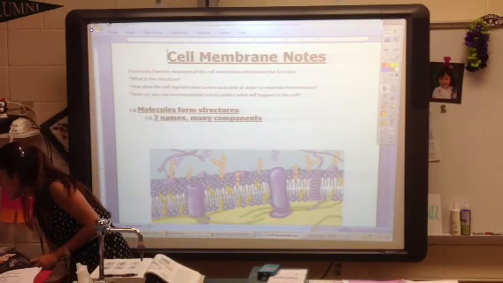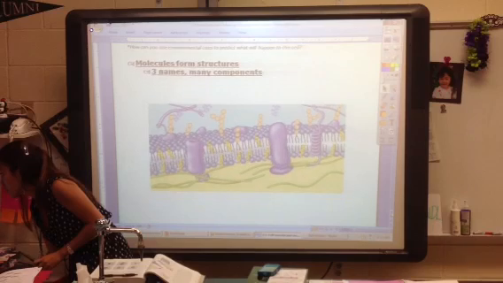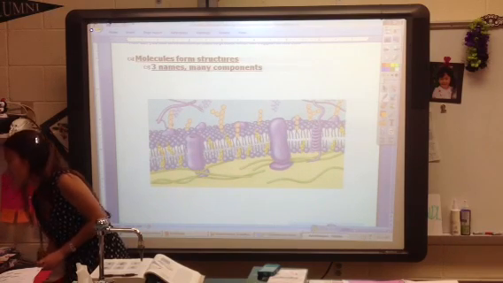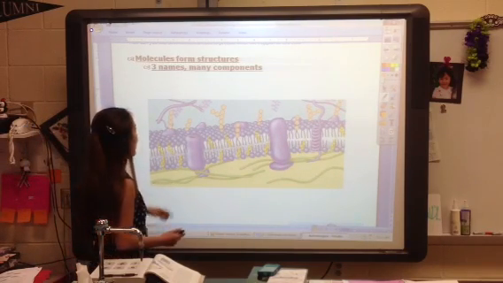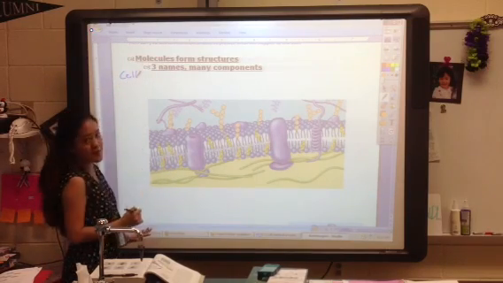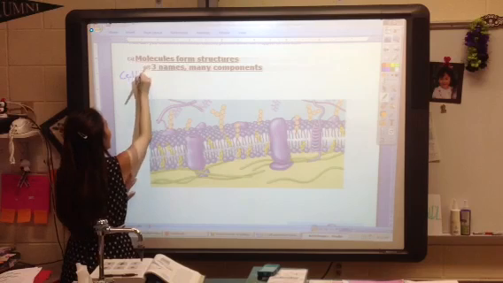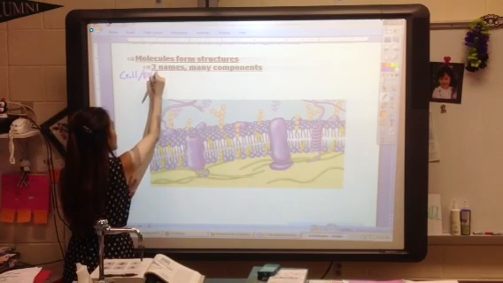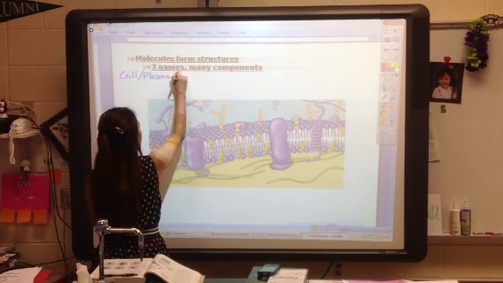When we're looking at the cell membrane, we do need to know some different names that are used to describe it. Very basic, we all have heard of the cell membrane. And another one that a lot of us have probably heard of is the plasma membrane.